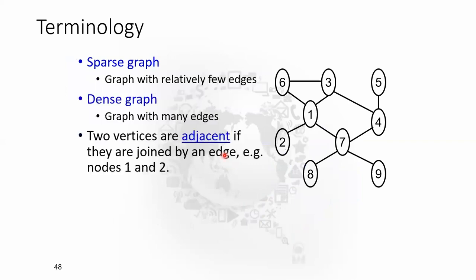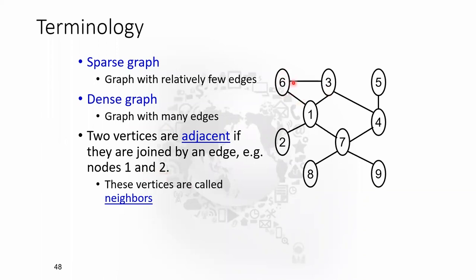There are sparse graphs and dense graphs. A sparse graph is a graph with relatively few edges, and a dense graph is a graph with many edges. Two vertices are adjacent if they are joined by an edge, like nodes 1 and 2. Let's say here this is 6.